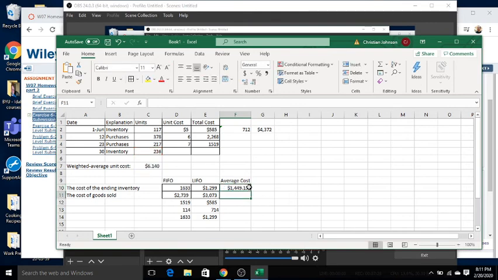And it comes out as $1,449. But we want it to be without any decimal places, so we will reduce it down to this.